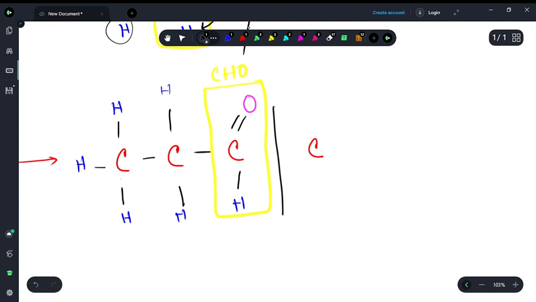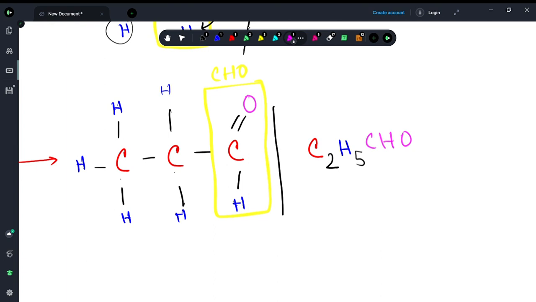There will be two carbons. Now, how many hydrogens? We can't count this one because it is for the CHO. 1, 2, 3, 4, 5. So there are 5 hydrogens. Now we can write the CHO fully, and that concludes the formula.